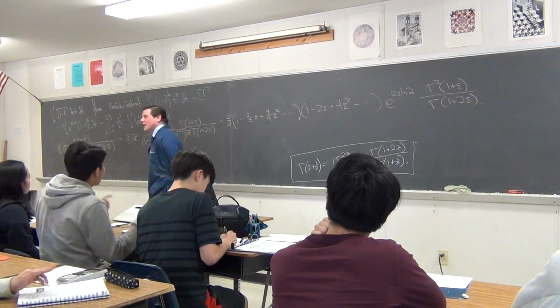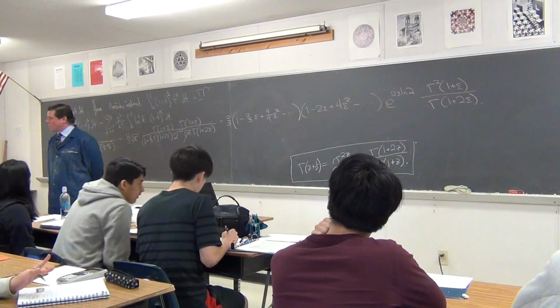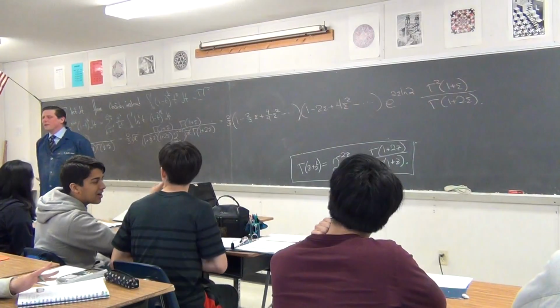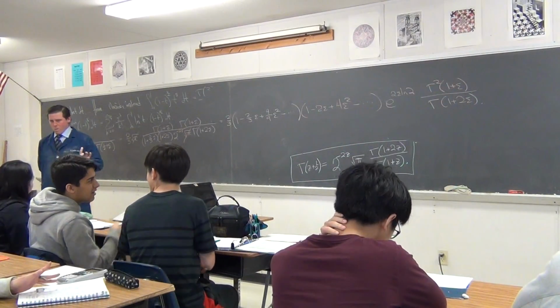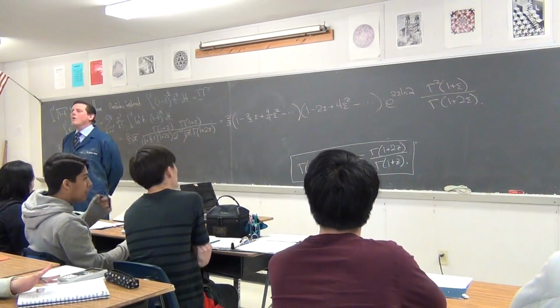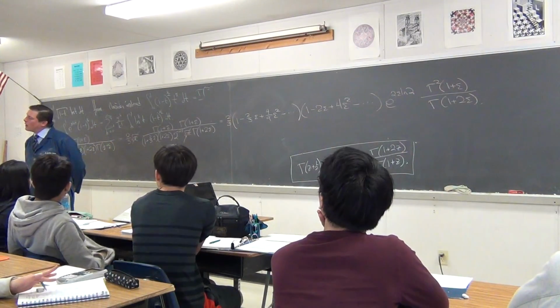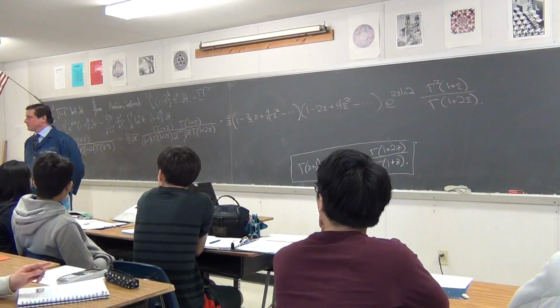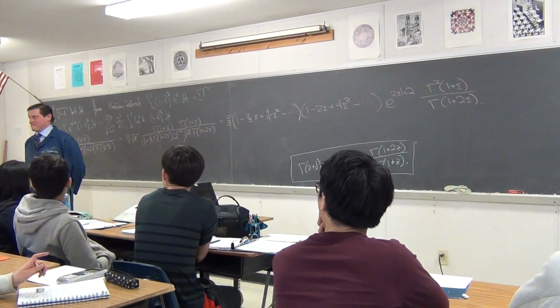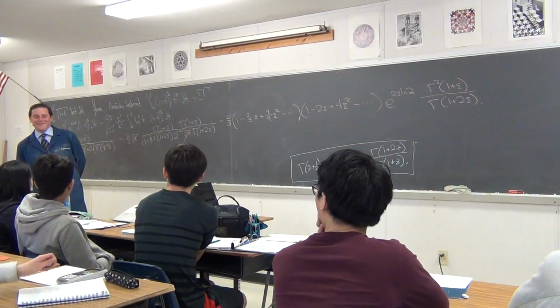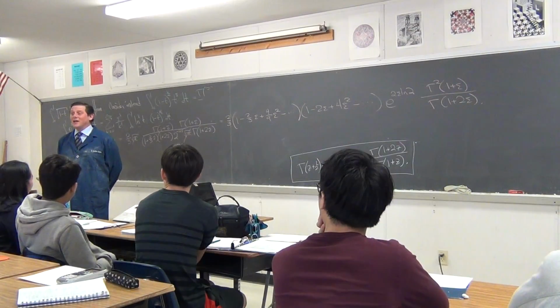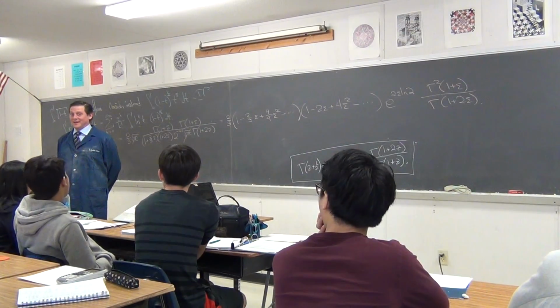And exponentiating a series is a little bit awkward. So, how easy is it in general to square a Taylor series? Not too bad. For small values. What about dividing two Taylor series? That's the worst.